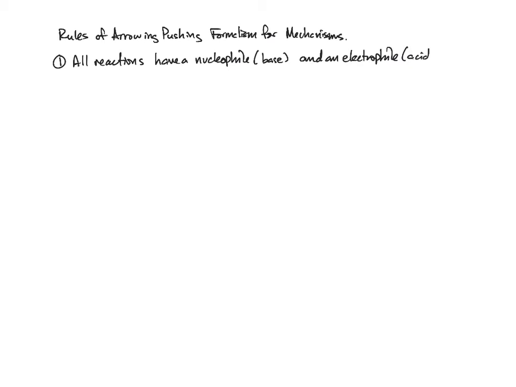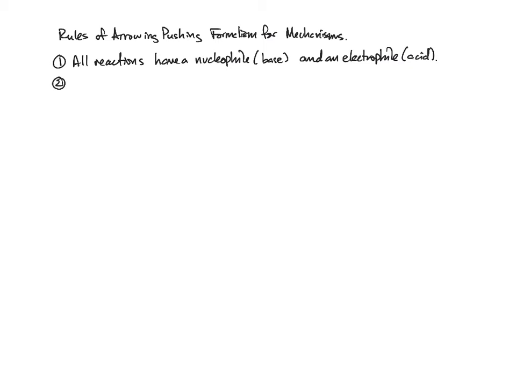An electrophile is an acid. So again, we're thinking in the most broad sense of the acid-base reaction in terms of the Lewis definition. A Lewis base is a nucleophile, a Lewis acid is an electrophile. So all reactions will have that pair.